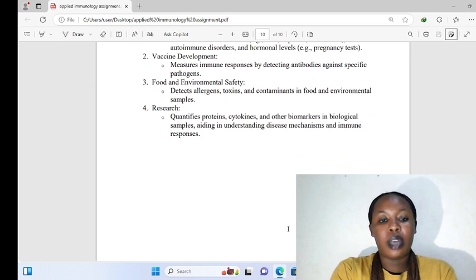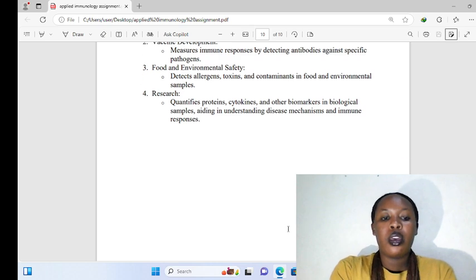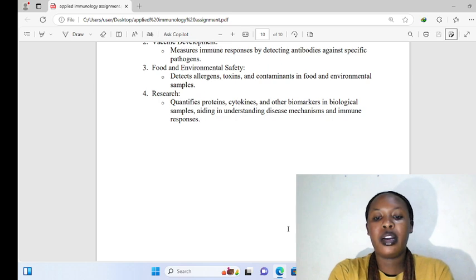It is also applied in food and environmental health, where we detect allergens, toxins, and contaminants in food and environmental samples. And ELISA is used in research to quantify proteins, cytokines, and other biomarkers in biological samples, aiding in understanding disease mechanisms and immune response.